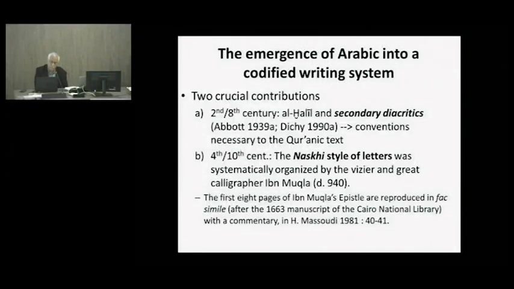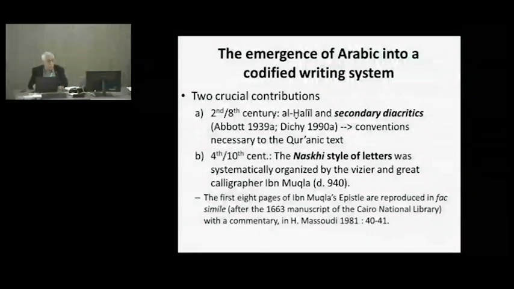In the 2nd century, the 8th century, Al-Khalil devised secondary diacritics. Secondary diacritics are vowels, or the symbol for the doubling of letters, shadda, etc. These conventions were necessary to code the Quranic text.